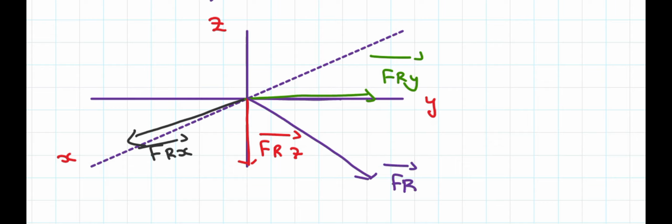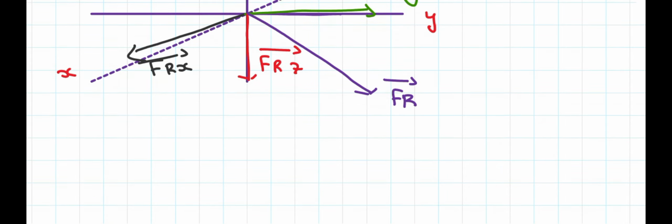But how can we join these vectors by the help of the head-to-tail rule? Let me show you how. This is our Frx. So Frx is our first vector, Fry is our second vector, and Frz is our third vector. The head-to-tail rule says that you have to put the tail of the second vector on the head of the first vector.